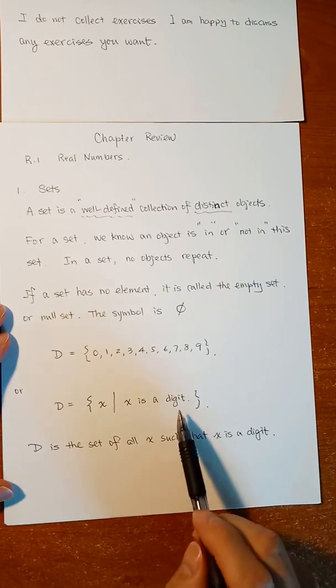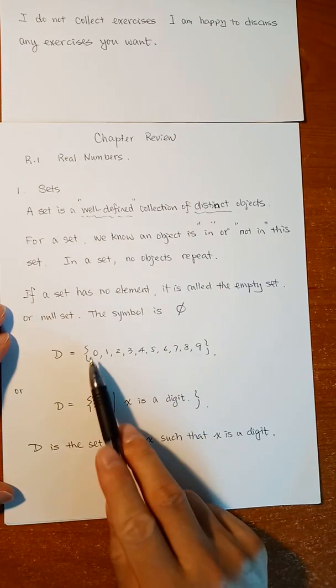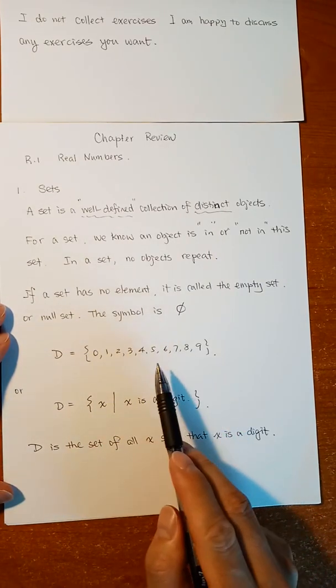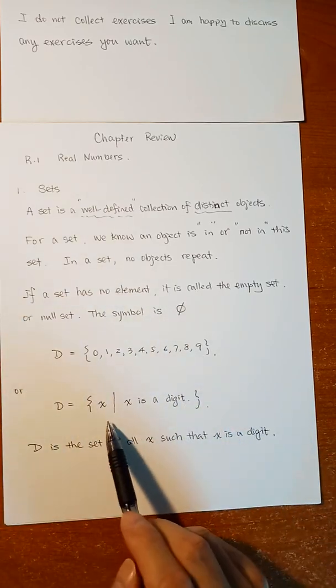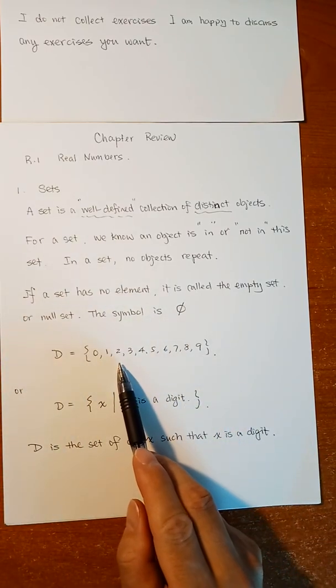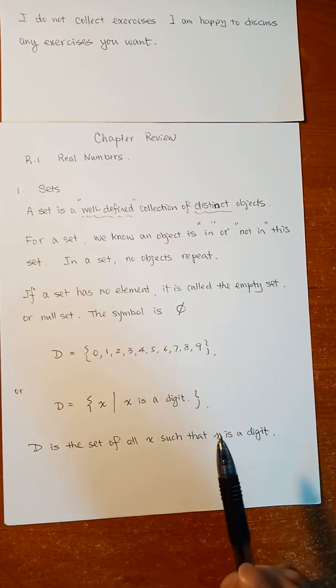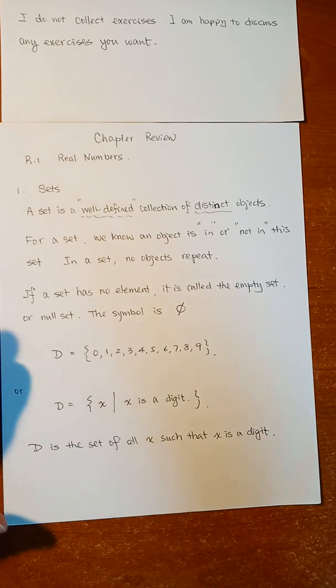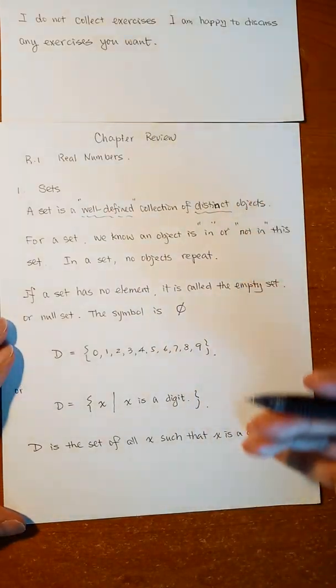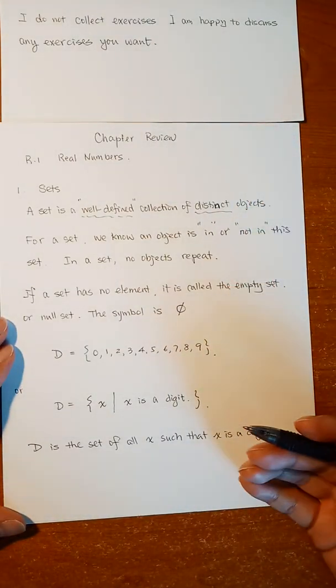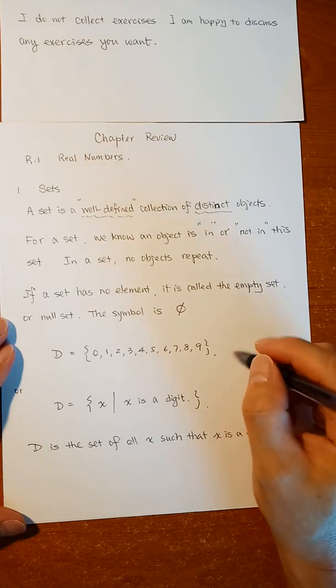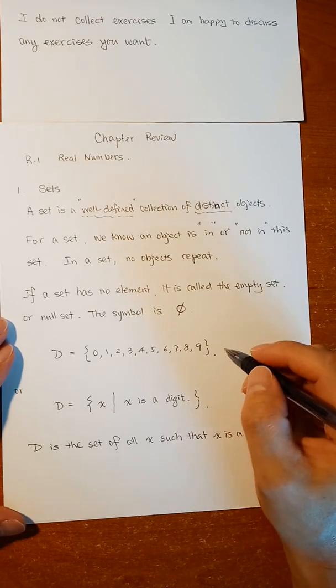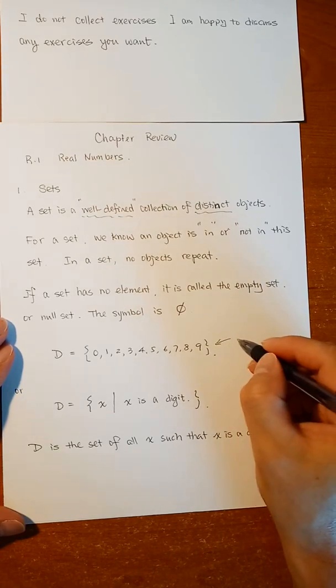We know which numbers are digits: 0, 1, 2, 3, 4, 5, 6, 7, 8, 9. So this set D is identical to the other set D. The same thing. This one, where you list all the elements, they call the roster method.